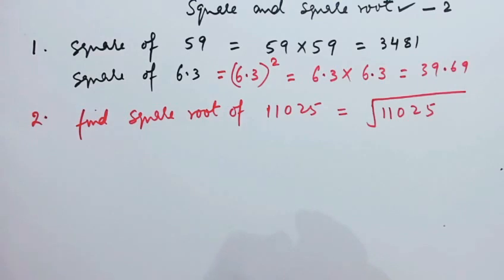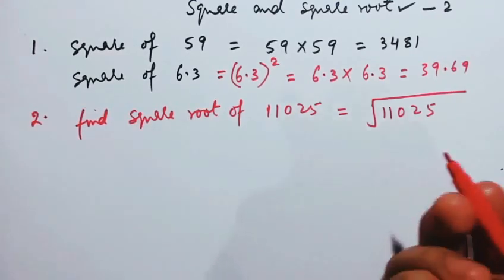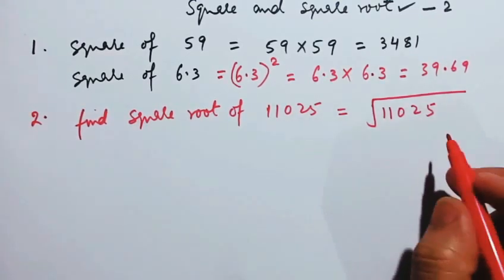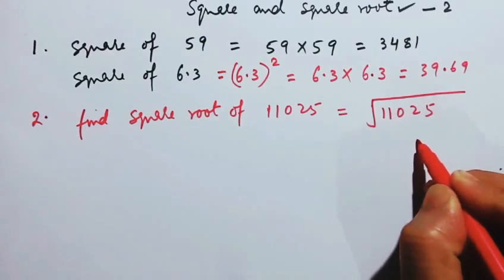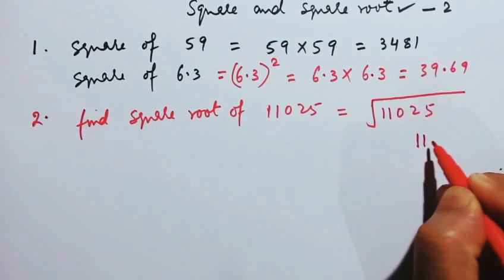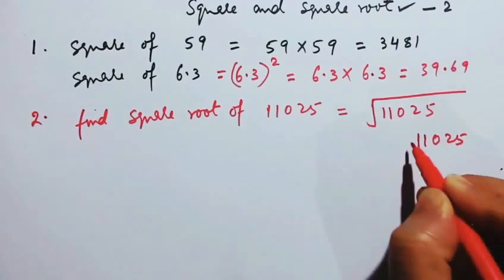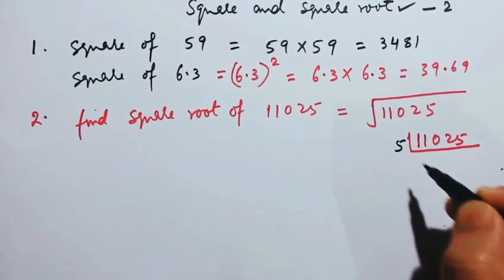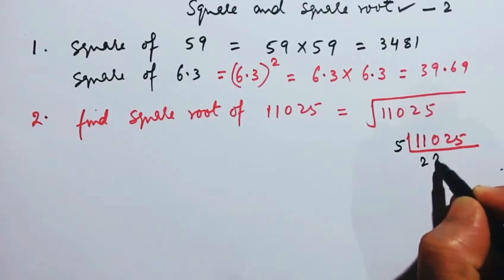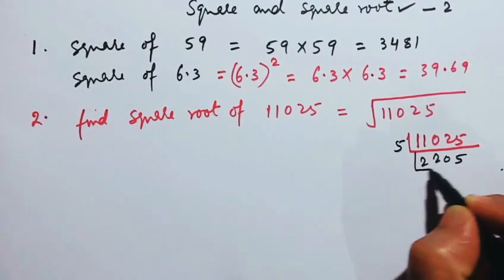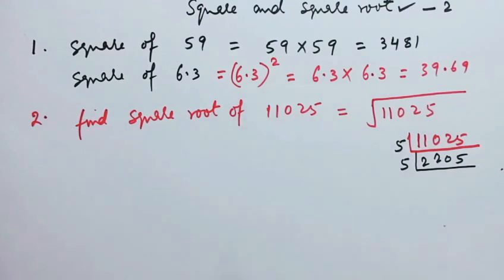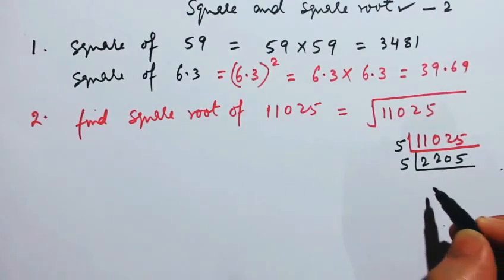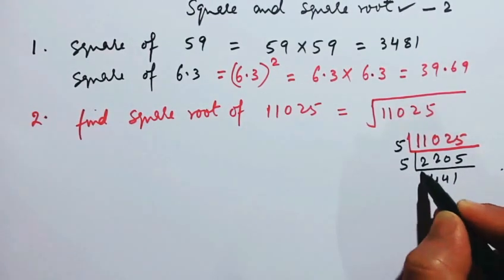Now how to disintegrate this 11025? Naturally you will disintegrate it by breaking it into its prime factors. I'll explain once, please concentrate. When you divide it by 5, you will get 2205. Once again, dividing by 5 gives 441.